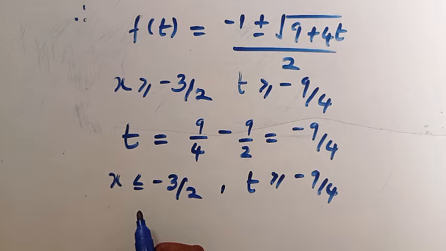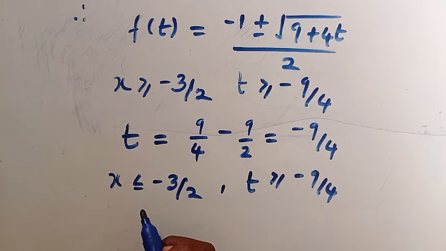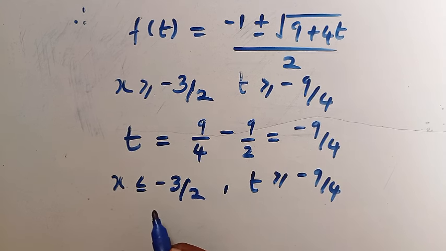But for the sake of definiteness, we can assume a unique solution by going with when x is greater than or equal to minus 3 divided by 2, and showing that if t tends to x, we are going to have an increasing function.